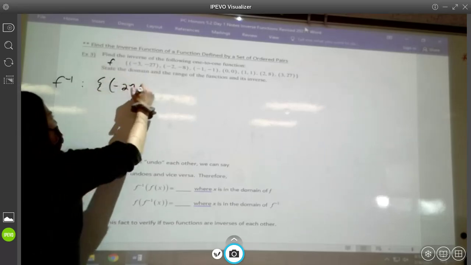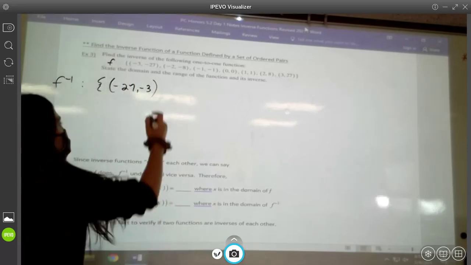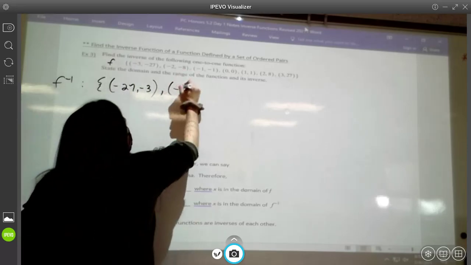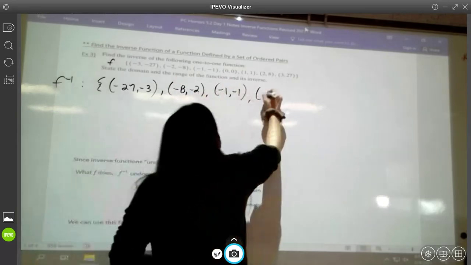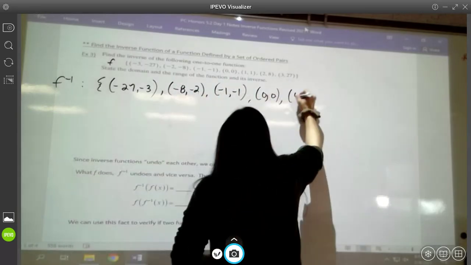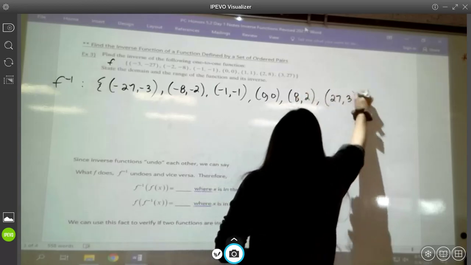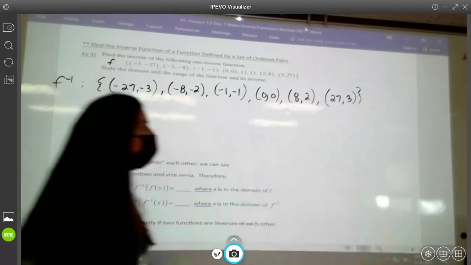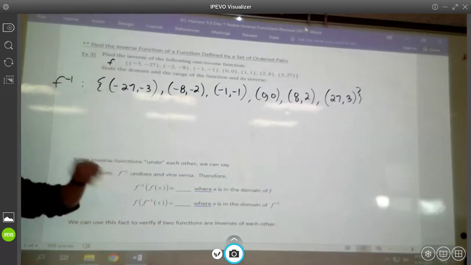So his ordered pair is negative 27, negative 3. All you do is flip them. So everybody do that. So that's the inverse function. All of the ordered pairs in reverse.